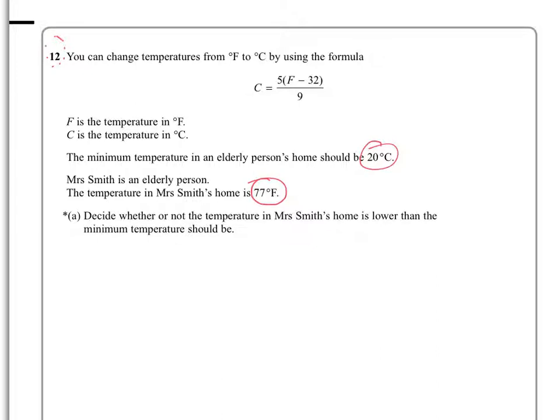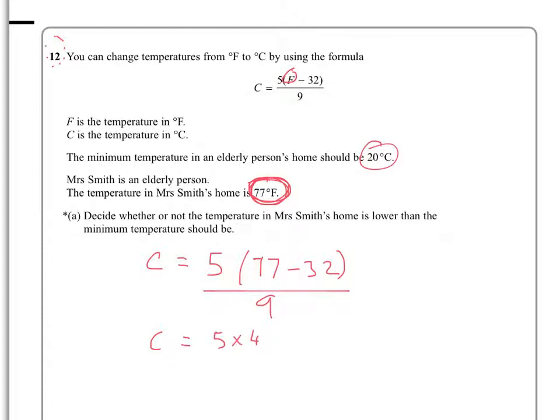So, what we're going to do is that C is 5 times (F, which is 77, minus 32) divided by 9. So we're just going to take this here and substitute it in instead of the F in the formula. And then we're just going to work this out. So that's 77 take away 32 is 45. 5 times 45 divided by 9.